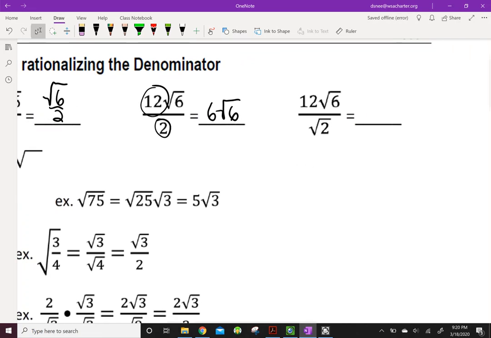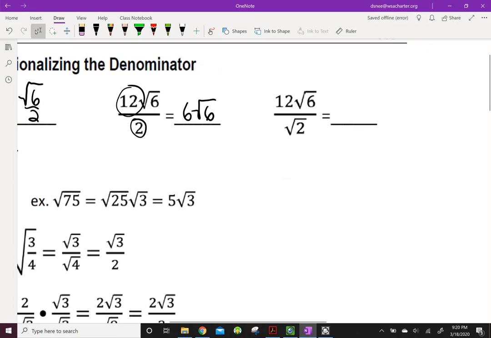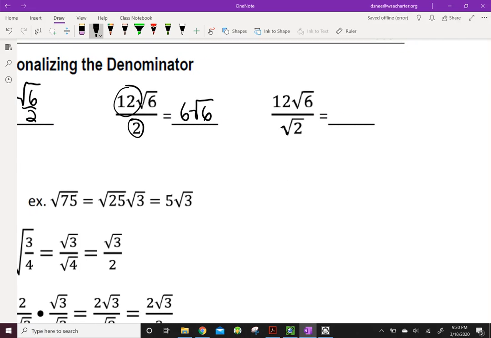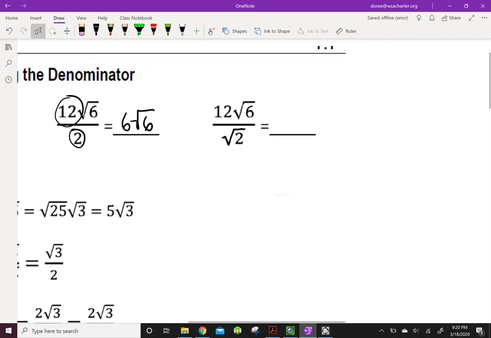On this side, on the next example, I want to get this radical symbol out of the denominator, and I'm going to do that by multiplying the numerator and the denominator by the square root of 2.